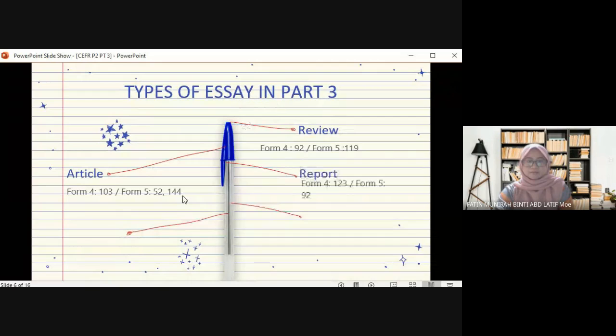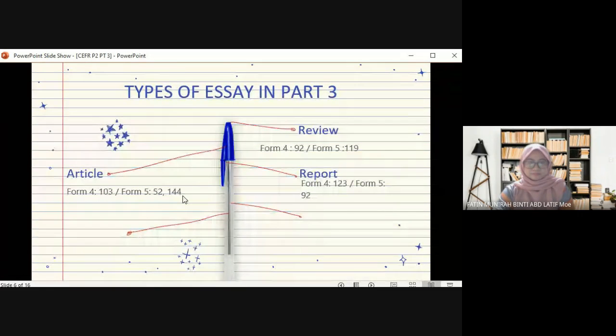And then we have types of essay. We have report. Report Form 4 page 123 and Form 5 page 190, Form 5 page 92. If I'm not mistaken, we did learn this in previous classes. Okay, saya pernah terangkan sedikit dalam kelas-kelas sebelumnya.